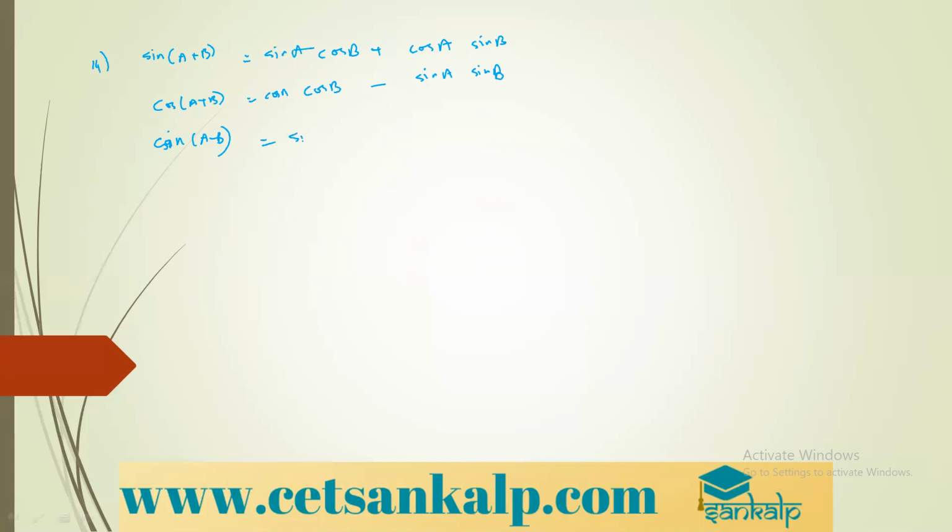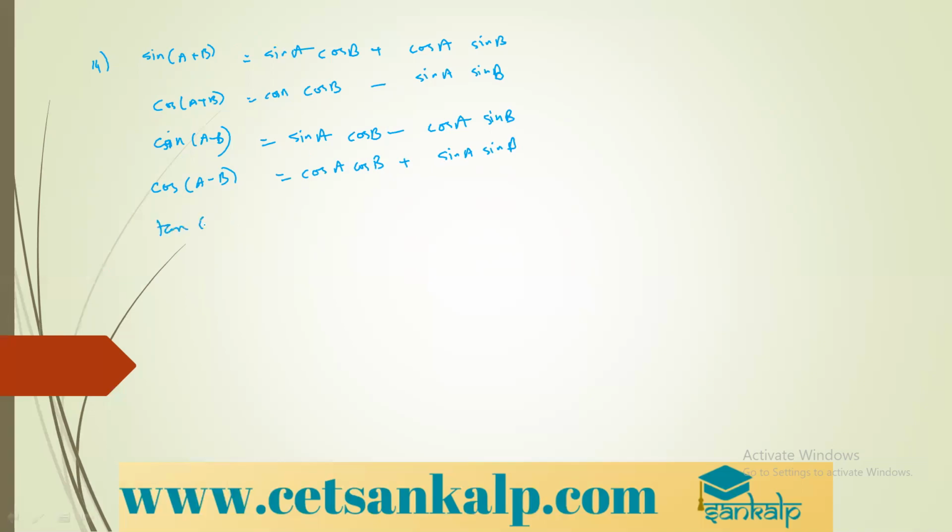Sin A minus B formula is sin A cos B minus cos A sin B. Cos A minus B formula, it is cos A cos B plus sin A sin B.